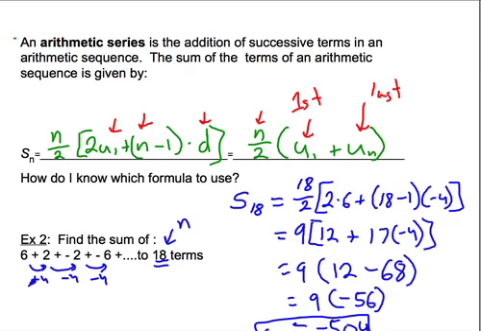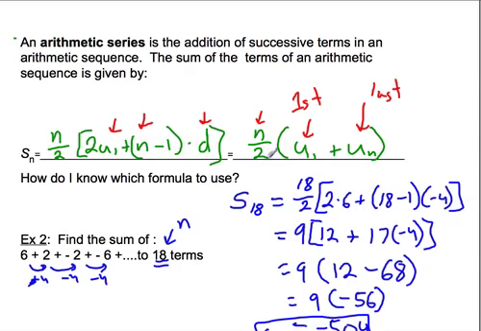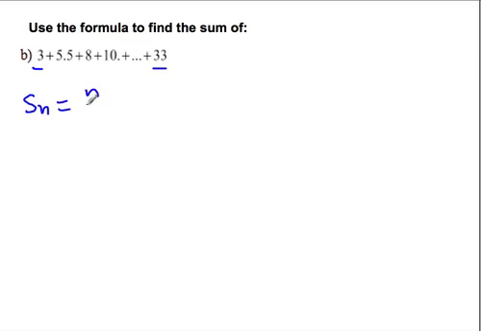Okay, next example, part B here. Use the formula to find the sum of the following arithmetic series. So let's take a look. In this case, we have the first and last term, so we can use the second version of the formula, S sub n equals n out of 2 times u sub 1 plus u sub n.